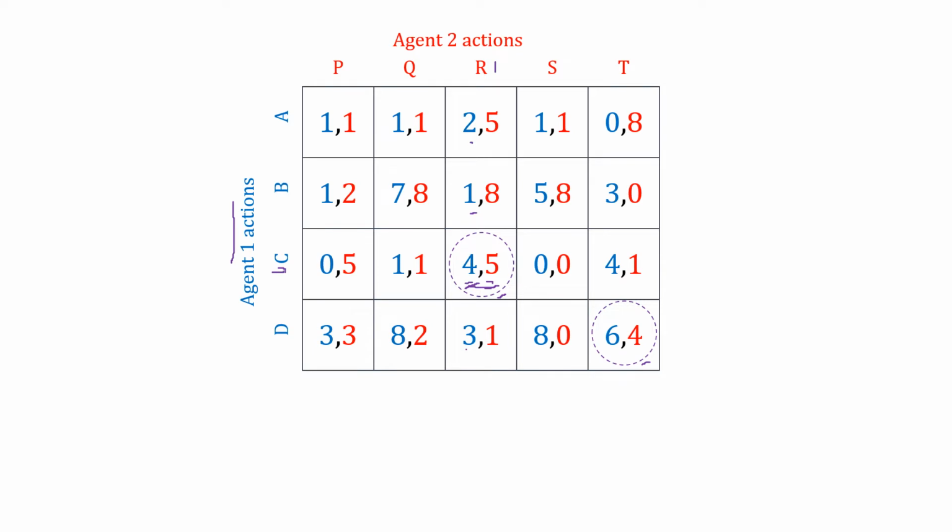It's the same thing with agent 2. The action for agent 2 is R, and the corresponding payoff that it receives is 5.